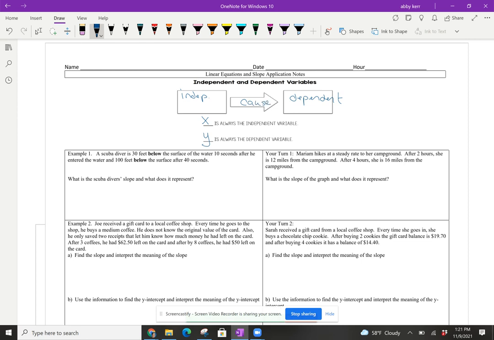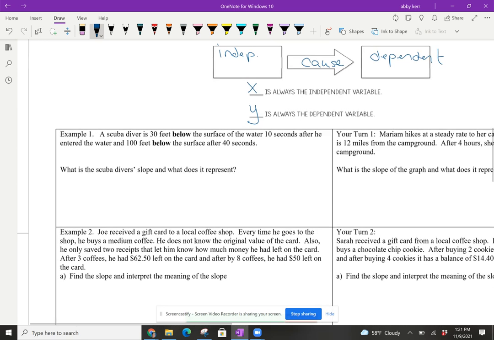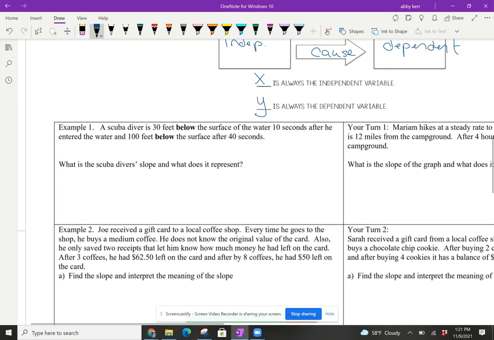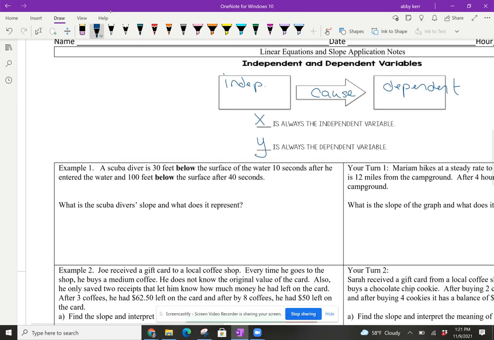So I'll explain more about that in example 1. The independent is going to be our x value, and then our y value will be the dependent.